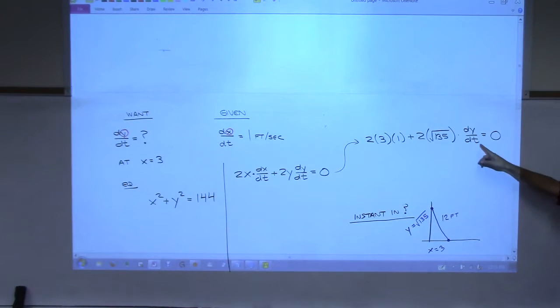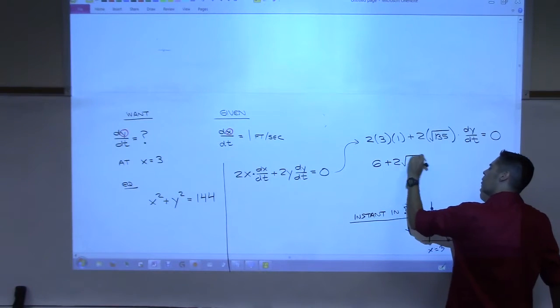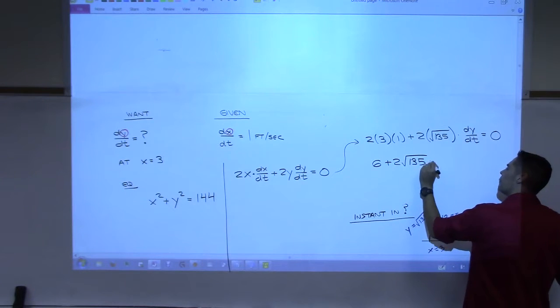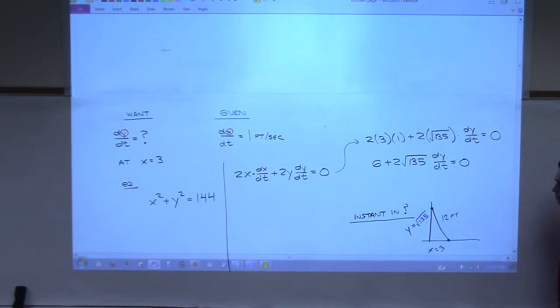I'm going to solve for dy/dt now. So this is going to be 6 plus 2 root 135 dy/dt equals 0.